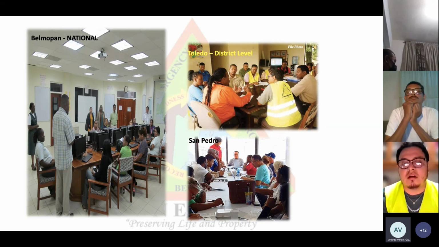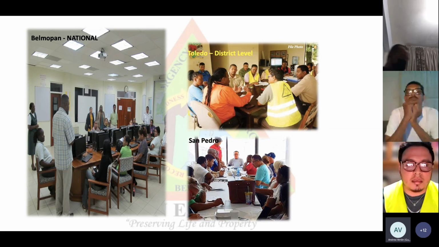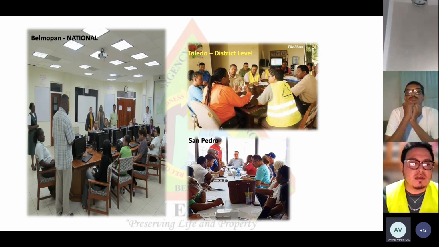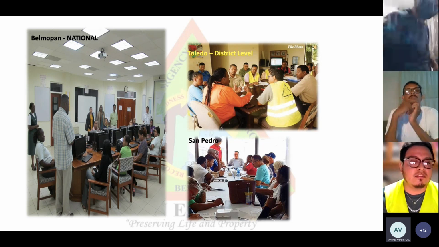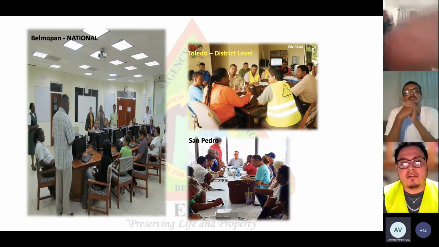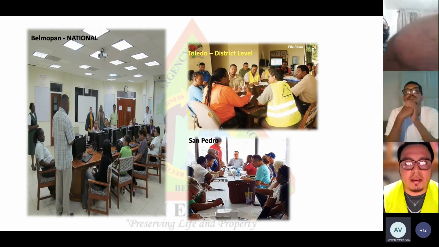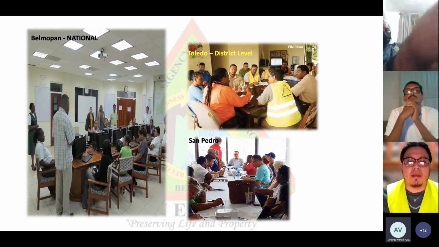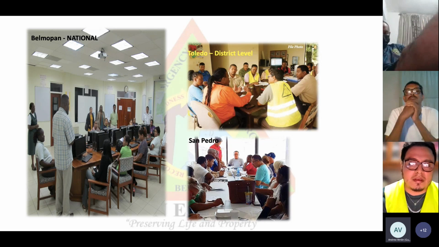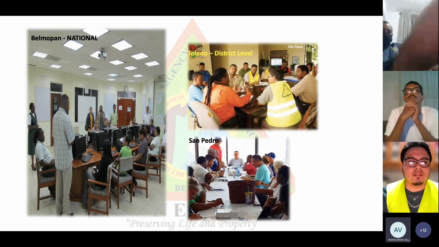At the moment, we are connecting through platforms: Meet, Zoom, and Microsoft Teams. As you can see in the left-hand corner, we have Belmopan, which is the national level, which is activated. We have Toledo, where Mr. Kenton Param is, the southern area. And we have San Pedro, which is part of the central, which is the island itself. And that is what it looks like.